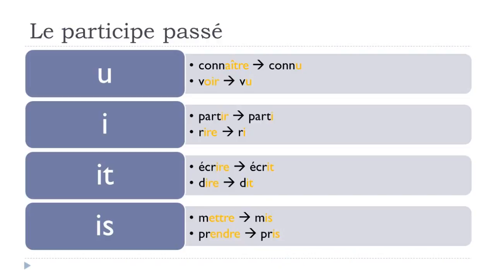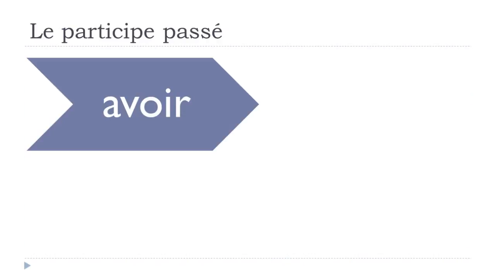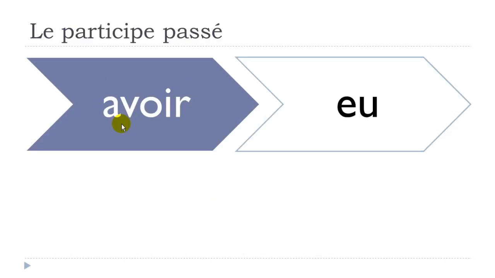Okay? So we will work now on the two main verbs of the French language. So avoir, to have, and obviously it will be a bit strange. It will become E-U, so you will have to write this participe passé form like that, but you will have to pronounce it U. So remember, the big difference between what you write and what you pronounce.